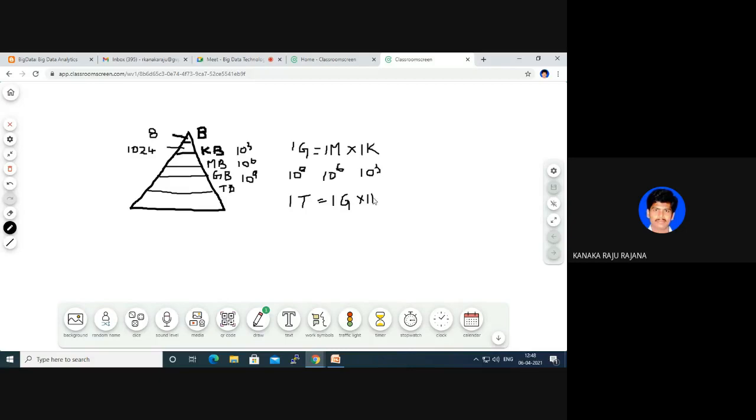Just now we saw 1 GB is 10 to the power of 9. What will be the next answer? 10 to the power of... what is the next one? 6, 9, 12, I think. Is this clear? So you need to keep increasing the exponent by 3, that is, multiply by 10 to the power of 3.